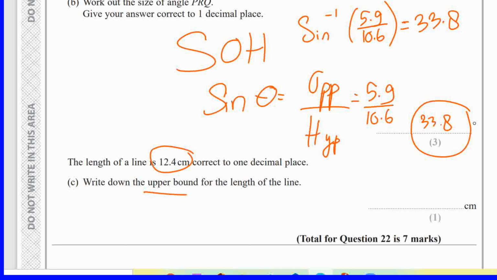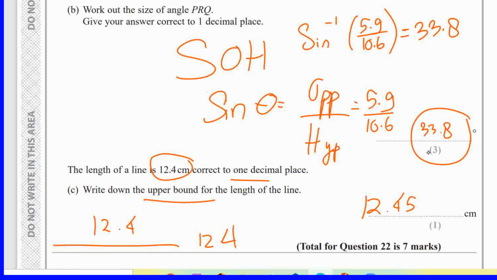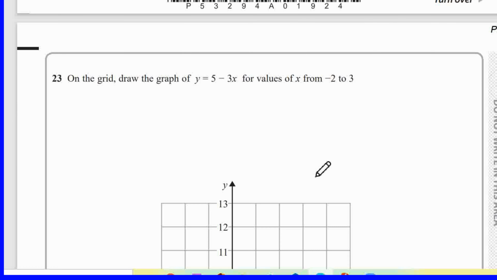The upper bound will be 12.45, because 12.4 is between 12.45 and 12.35. The lower bound is 12.35. The upper bound is the answer.